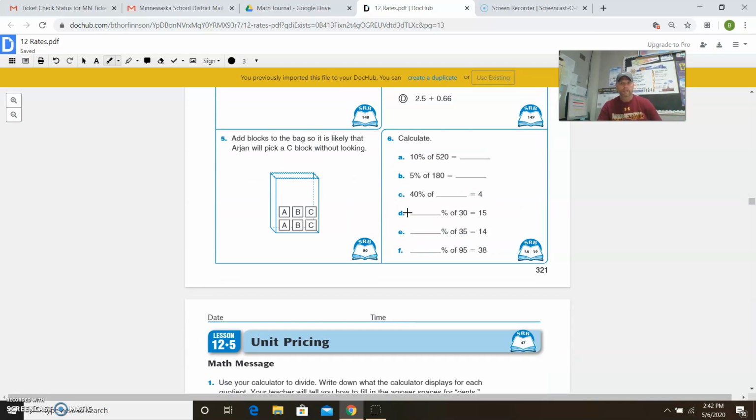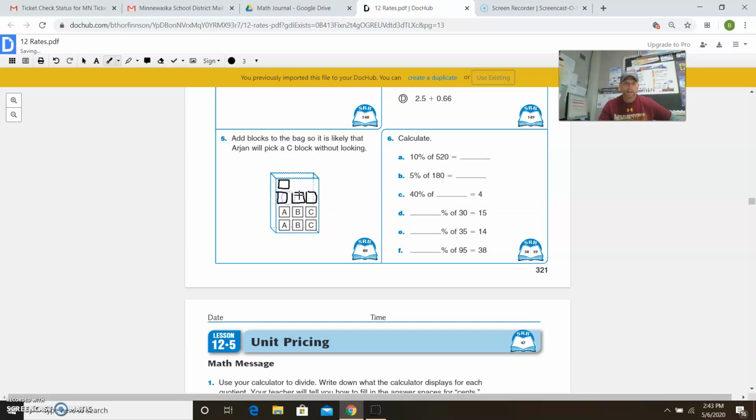It says add blocks to the bag so that it is likely that Arjun will pick a C block without looking. It doesn't matter what you do so much as you add. It has to be likely. So not just that it is likely that you'll pull a C. I don't care how many, but you have to add more than 4 though.